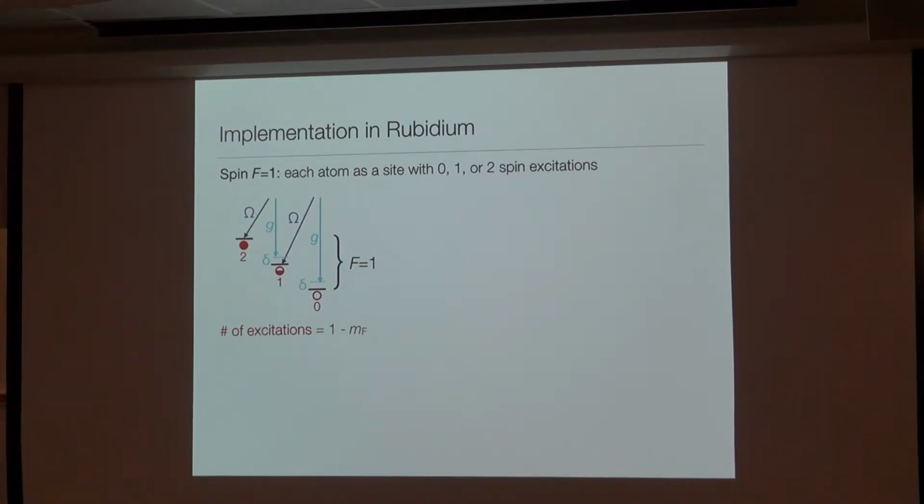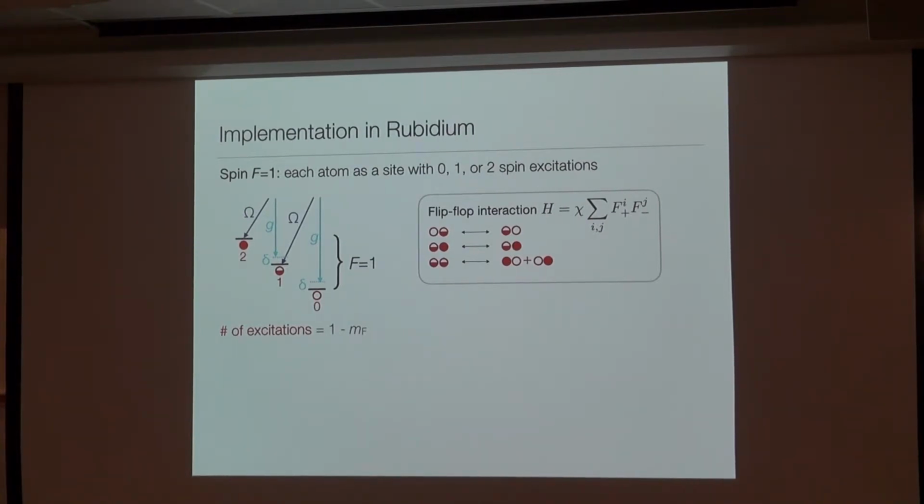And so the Hamiltonian that one gets still looks essentially like a sum of these flip-flop processes, but there are various processes you could imagine happening. I could have a single excitation in one atom, none in another, and have that excitation exchange sites. Or I could have 2 atoms, each with a single excitation, and turn that into one with 2 and one with 0.